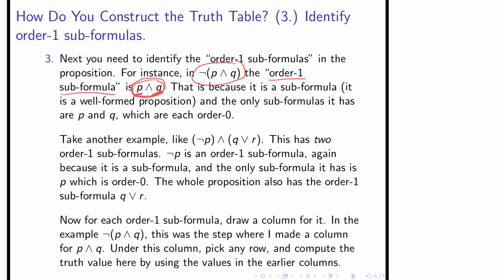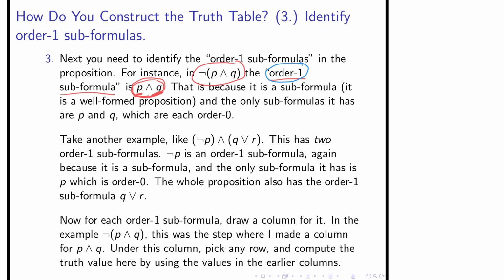But since the left is order zero, the right is order zero, and here what we have is their conjunction, so it's one step extra complicated. Then I call that order one. So it's got order zero on the left, order zero on the right. Therefore, the conjunction of them is order one, one step extra complicated.